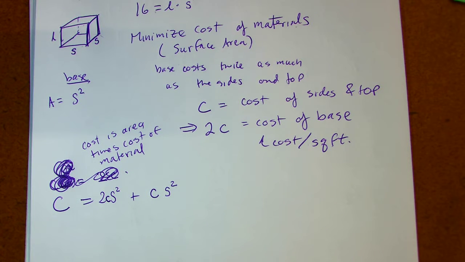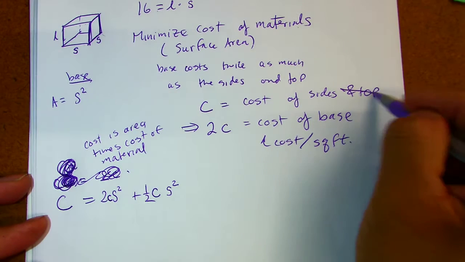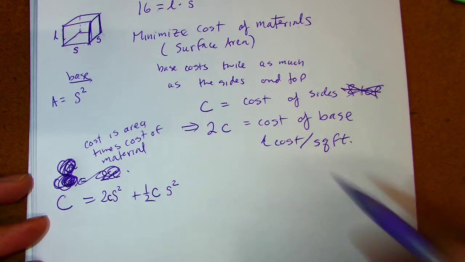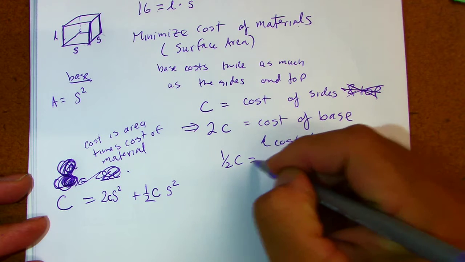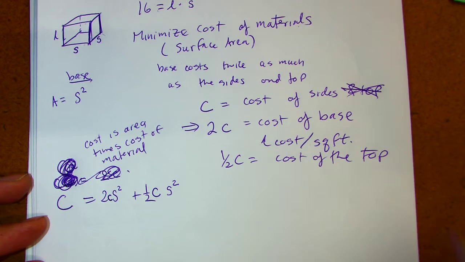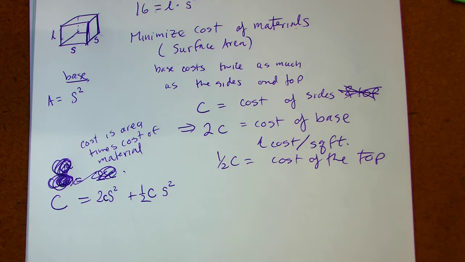Oh, sorry, 1/2. I didn't read that all the way through. Right? C is the cost of the sides, and 1/2 C is the cost of the top. All right, excuse me. There's three different materials here. Okay. So far that's what we have, right?